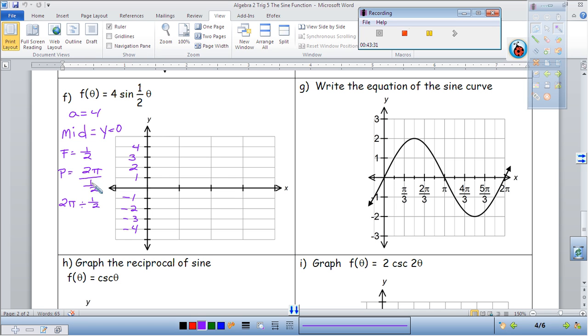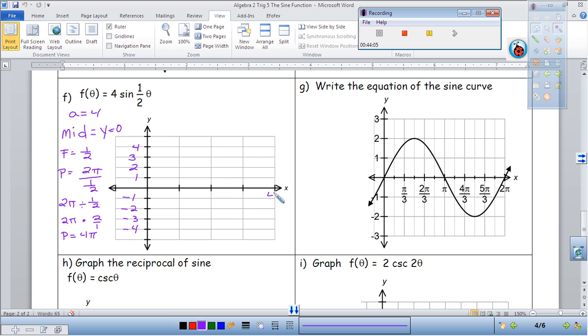We can't divide by a fraction, so we multiply by the reciprocal. So the period equals 4 pi. 2 times 2 is 4 pi, and this is over 1. So 1 times 1 is 1. So 1 is in the denominator. Any questions on how we got that?